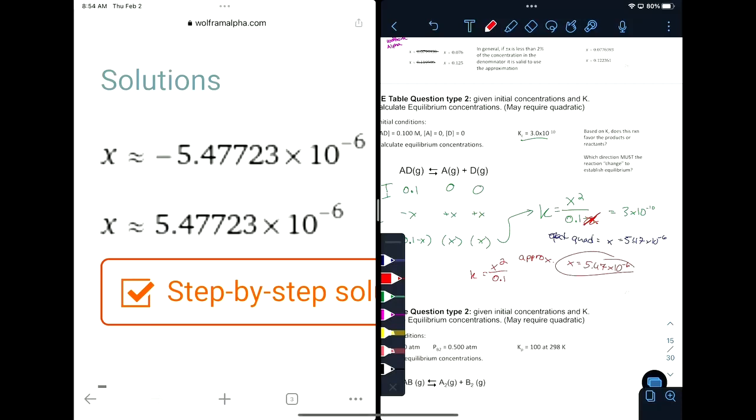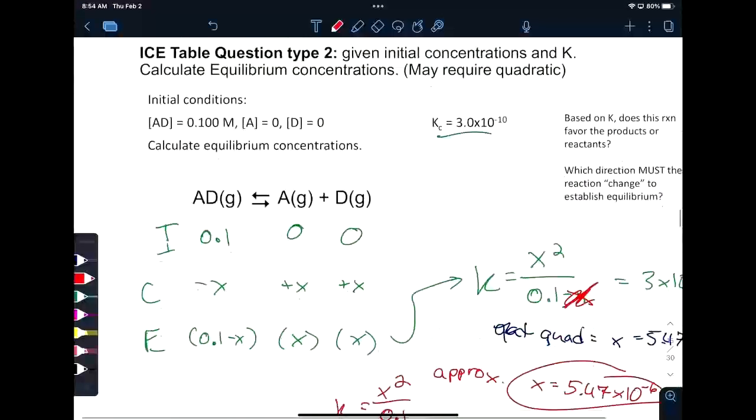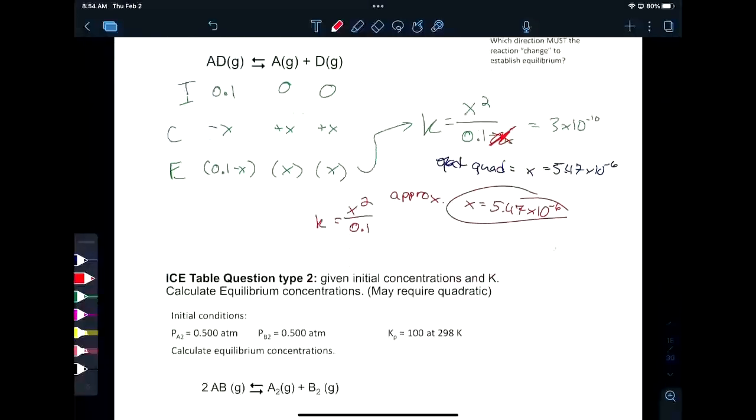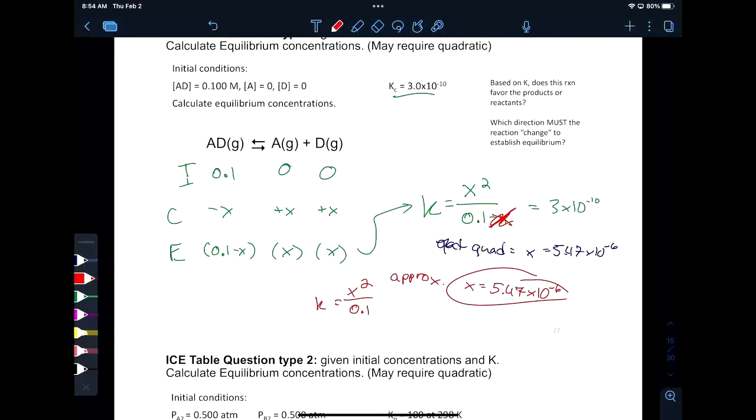Is that my answer to the question? No, it's not. So we actually have to go through and calculate equilibrium concentrations. So x is the concentration of A and D, but then we need to plug that number back in to get the concentration of AD.